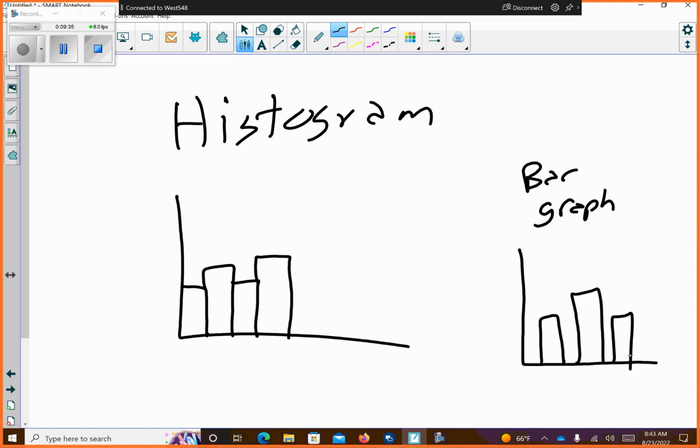A bar graph is not connected. A histogram is. In a bar graph, we usually have some sort of labels at the bottom and you're counting up. A histogram could also have something like that, but you also would have numbers. So a histogram is a way to display quantitative variables.